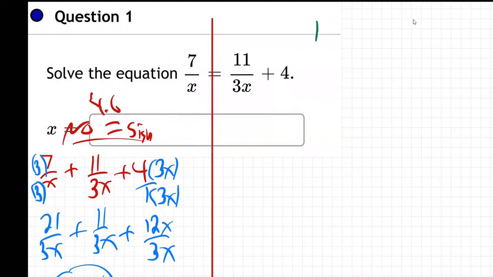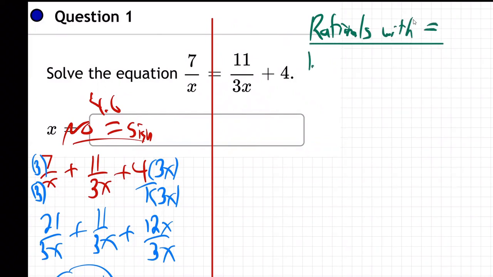How do I say it? Rationals with an equal sign. Rationals, meaning fractions. Rationals with an equal sign. That's what we're talking about. What do you do when you have rationals with an equal sign? Step number 1: I'm going to multiply all the terms, left and right, right?